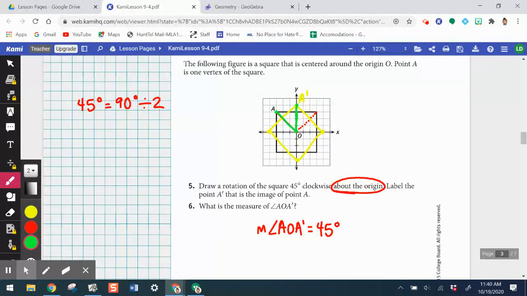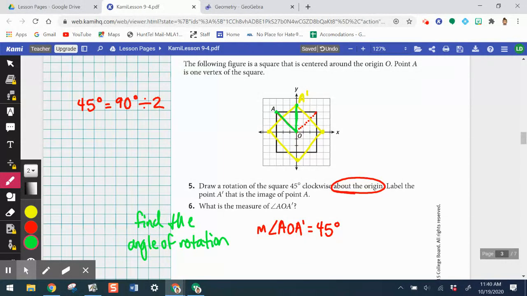Item 6 then asks, what is the measure of angle AOA prime? And I really want to stress why they're asking that. They're asking you to find the angle of rotation. And the way you find the angle of rotation is you connect corresponding points to the center of rotation to form an angle.